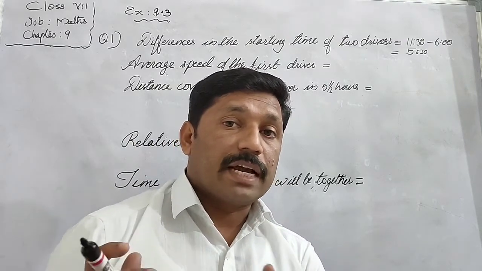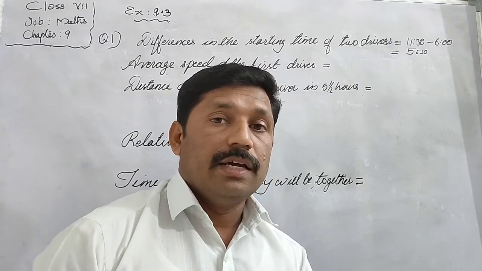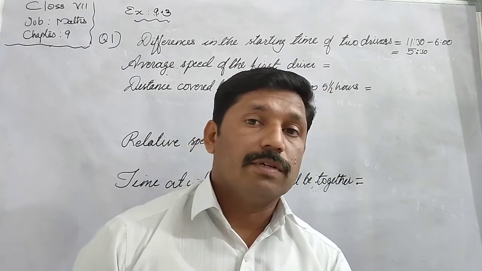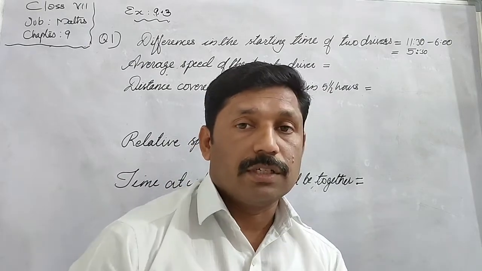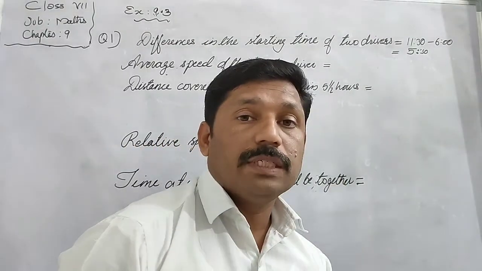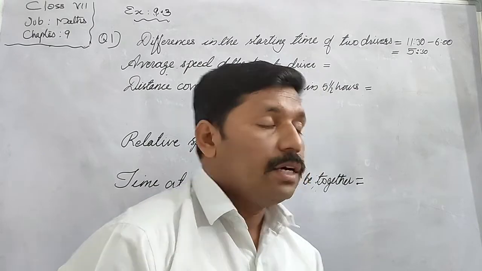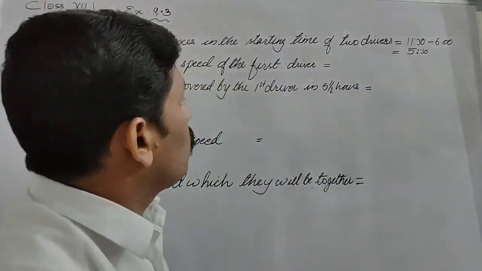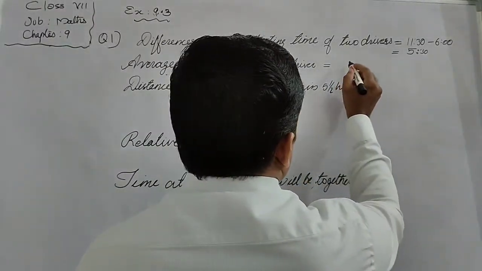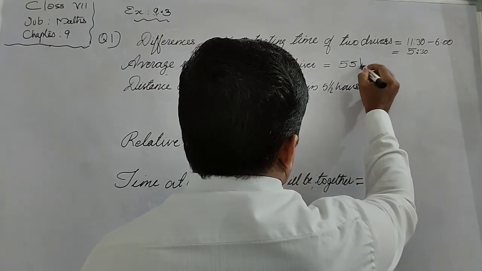That means when the second driver starts his journey, he is late by 5.5 hours in comparison with the first driver. So in these 5.5 hours, how much distance does the first driver travel, that we want to find out. His average speed is given: the average speed of the first driver is 55 kilometer per hour.